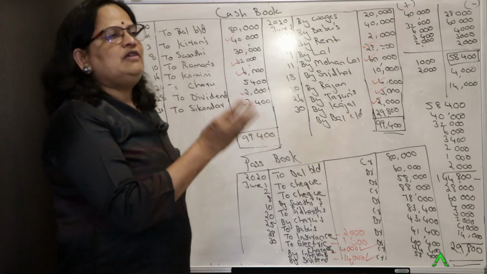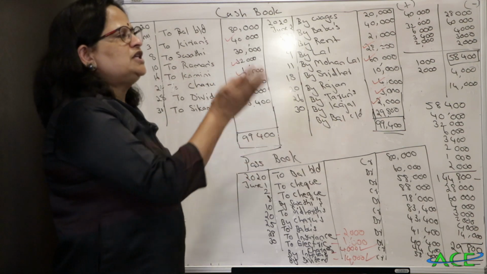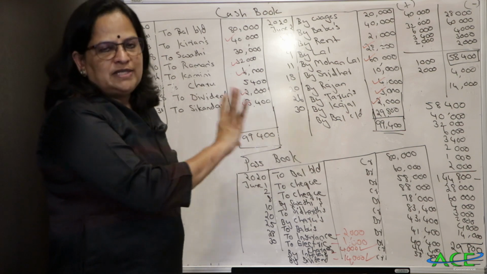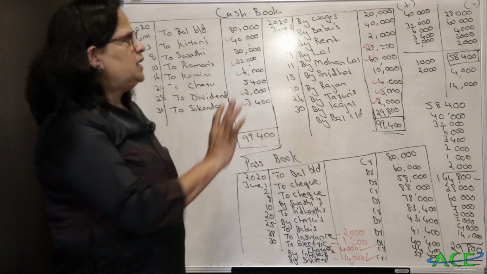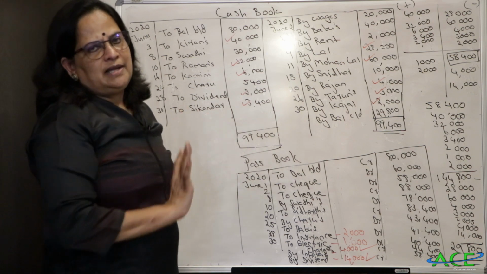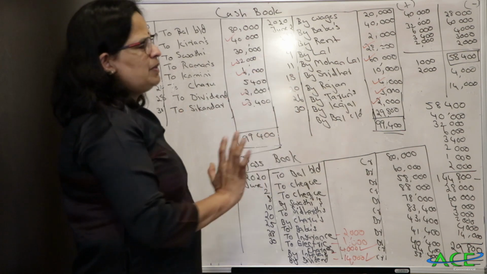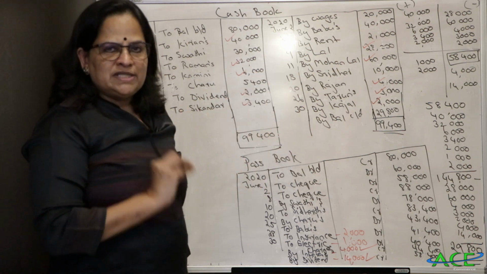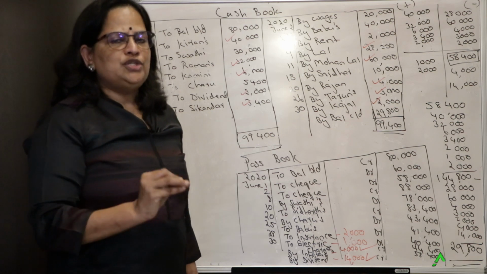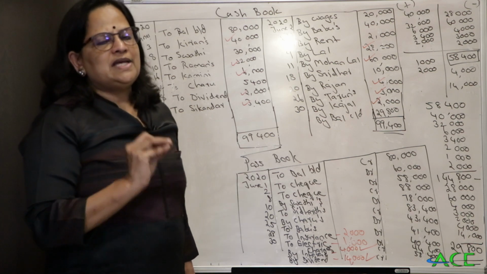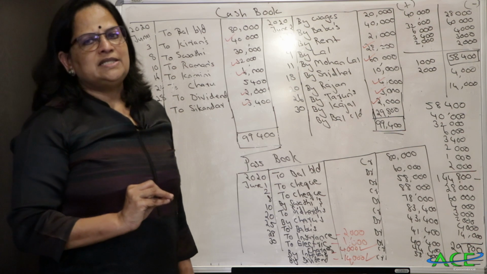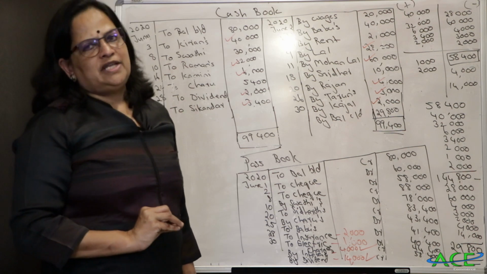Similarly, if it has come only in the passbook, it has not come in the cash book, then it will be taken to the analytical cross method. Then just enter the items in the analytical cross method and prepare the statement. So this is a very simple method, and I want to teach you this method so everybody can get the correct answer for the bank reconciliation statement without by-hearting the statements.